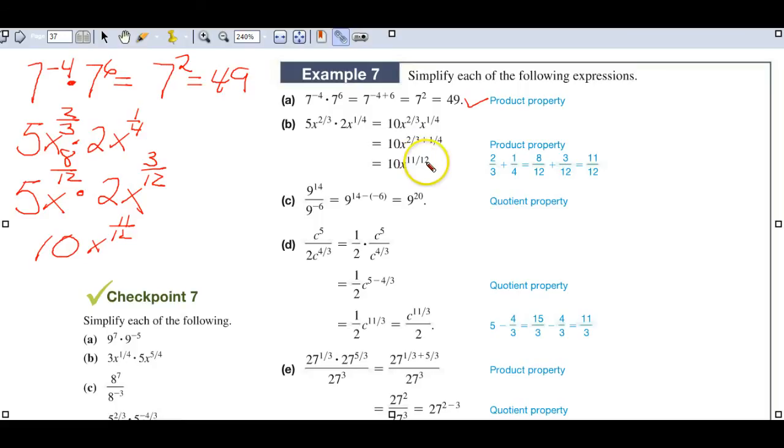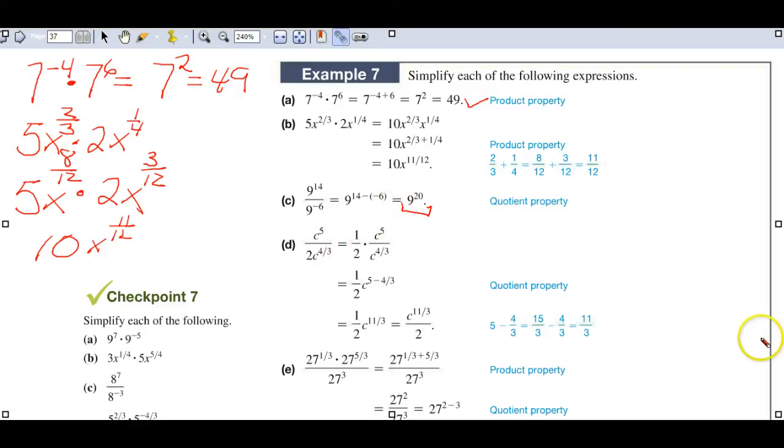And I don't like the way they're writing this, but I guess it's okay. Here we're just going to move the negative 6 up. Here it becomes a positive. So 14 plus 6 gives us this.